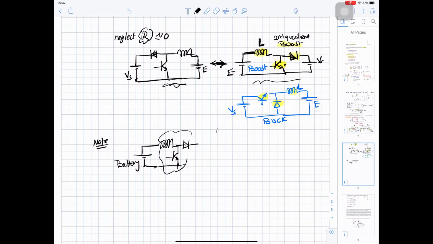So this is how you boost. If you need to reduce the battery voltage, you will add a switch, a diode, and an inductor. So this is buck.